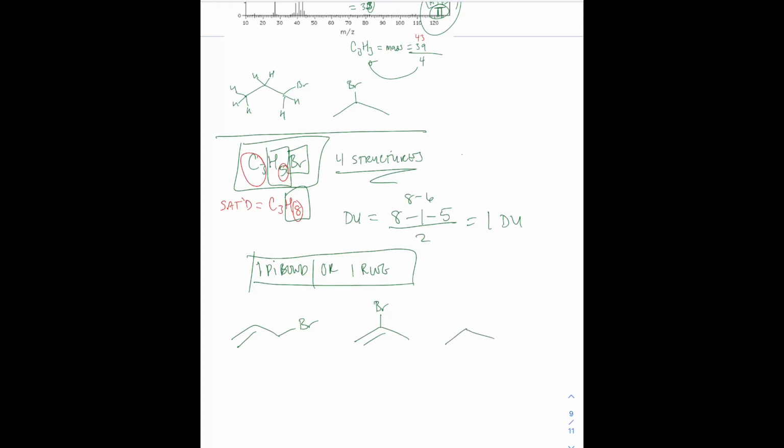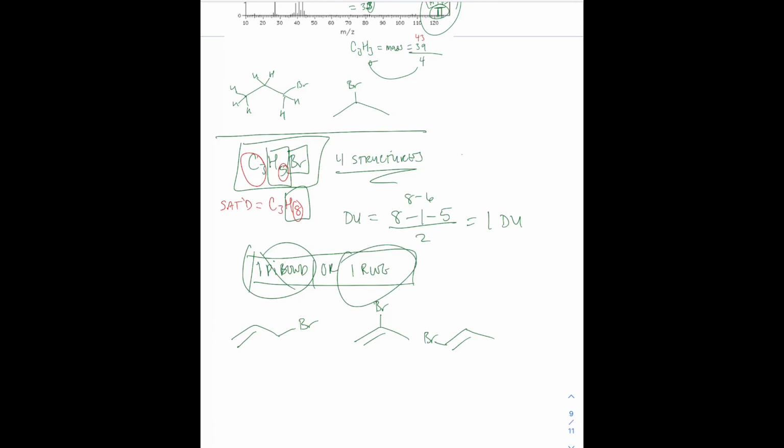We can also do another structure where we have that bromine directly bound on that terminal carbon with the pi bond. So that pretty much takes care of all the straight chain alkenes, and therefore it takes care of our 1 pi bond.